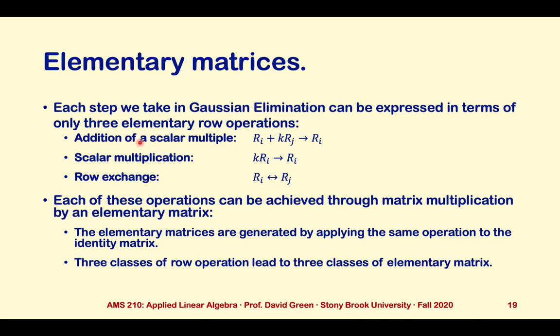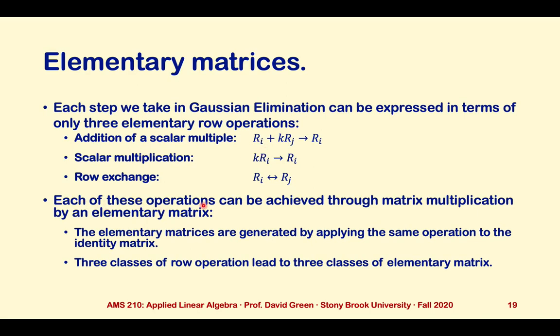We've discussed previously how each step we take in elimination, both forward elimination and back substitution, can be expressed in terms of these 3 elementary row operations: adding a scalar multiple of a row to another, multiplying a single row by a scalar, or exchanging 2 rows.